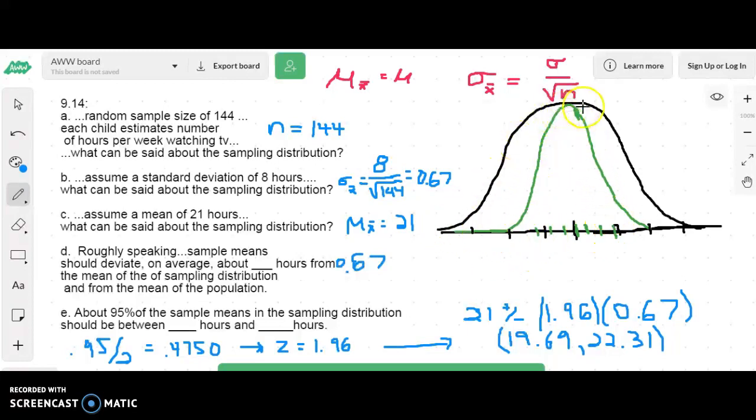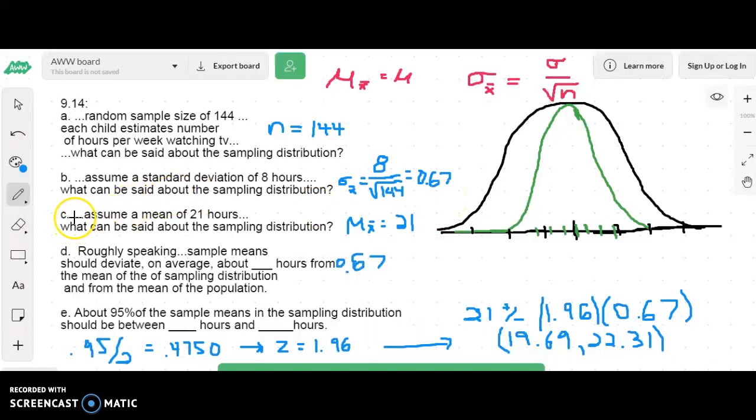The black distribution is of the population, and that had a standard deviation of 8, so each of these black increments is worth 8 points. The green one is of the sampling distribution, and its increments are much tighter together, in this case 0.67.